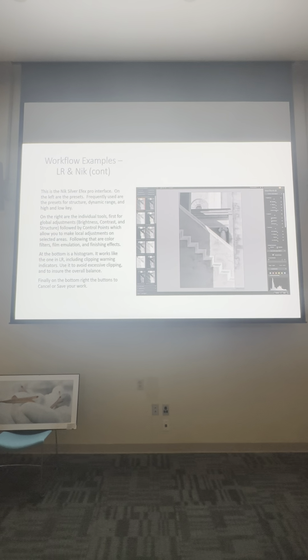At the bottom is a histogram. Serves the same function as it does in Lightroom and or Photoshop. And so you can make sure that your highlights and shadows aren't clipping. And there's actually a preset up here somewhere, not a preset, but some tools that say preserve the highlights, preserve the shadows.